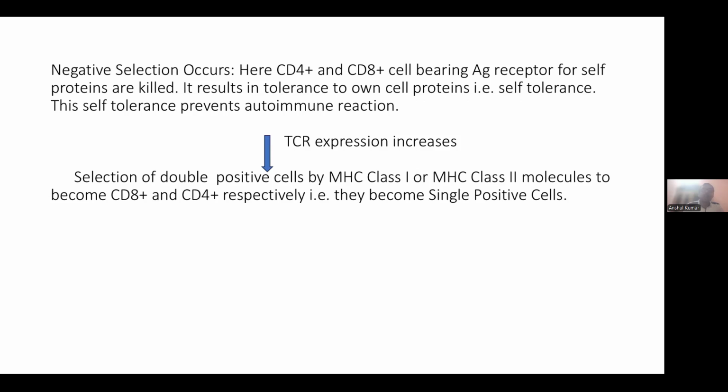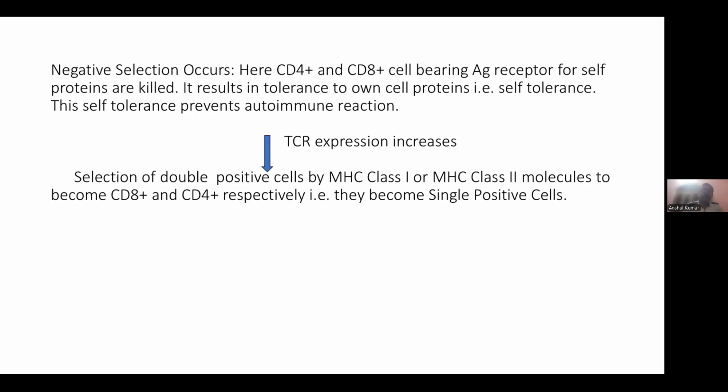So it is necessary that such cells are eliminated during the processing of the T cells, so that they do not react with their own self antigens. It means they should not recognize the host cell itself.